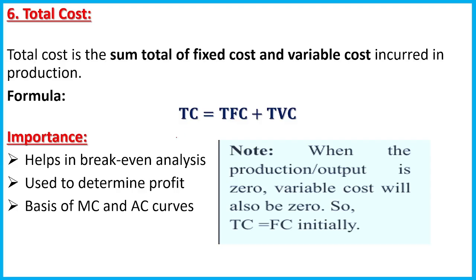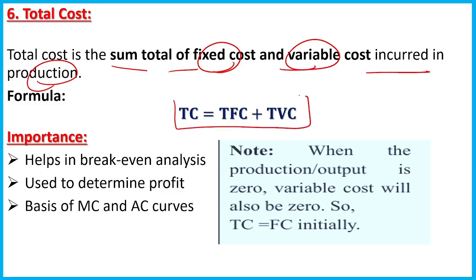Then let's go ahead with the sixth concept, that is total cost. The sum total of fixed cost plus variable cost is called total cost. Understood this much? So what will be the equation? Total cost is equal to total fixed cost plus total variable cost.